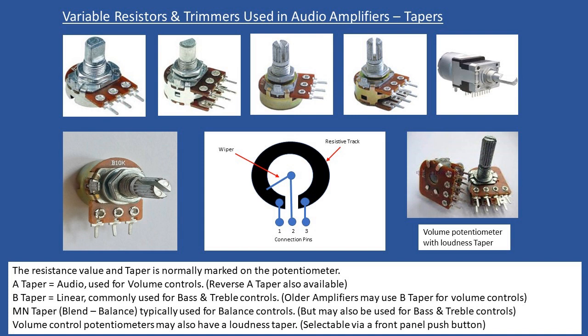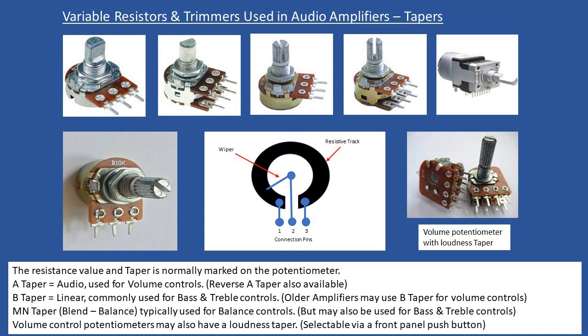So what you have are 3 pins and a resistive track, and the center pin, which is 2 in this case, is mechanically connected to what we term the wiper. What the wiper does is, because this is a rotary type, as I rotate the potentiometer backwards and forwards, the wiper moves across the resistive track.